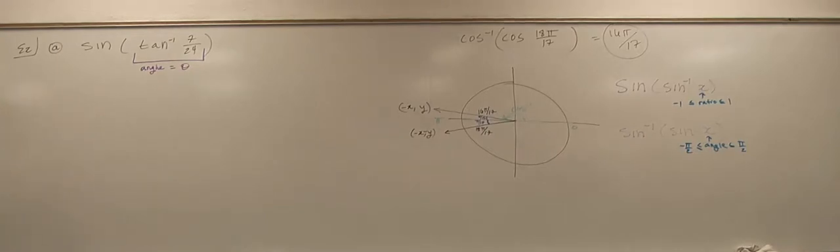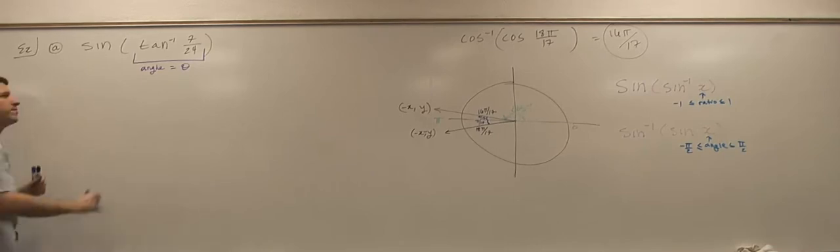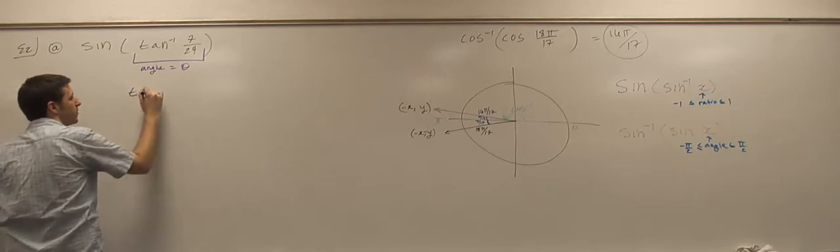And what does that angle have to satisfy? What equation do I get from tan inverse? How do I change that into a tangent equation? Tan theta has to equal 7 over 24.